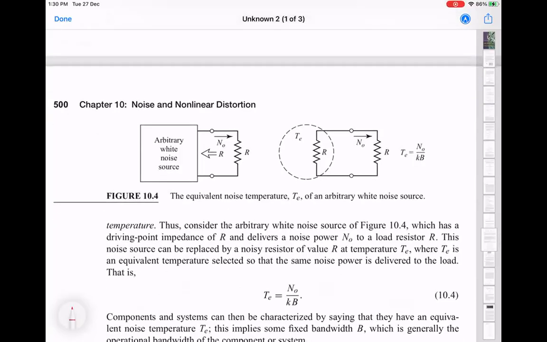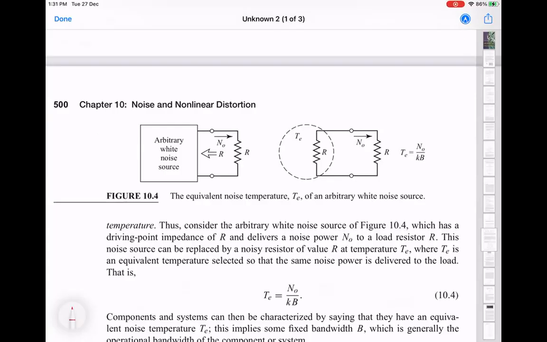So here it's sort of saying what it means. What they're saying is that if you had some arbitrary noise source, with some level of noise connected to it, and you say that it is delivering a certain power, if you equate that power to kT times bandwidth, you can get an effective temperature.